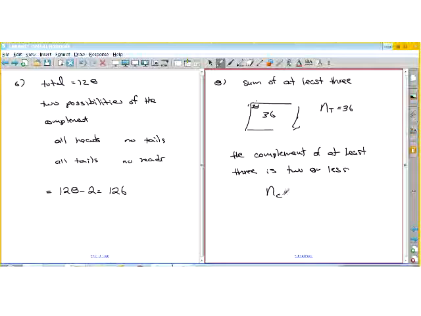The number of possibilities for the complement is 1, this one right here. And so the number where x is greater than or equal to 3, where x is the sum, is going to be the total number of possibilities minus the complement, which gives you 35.